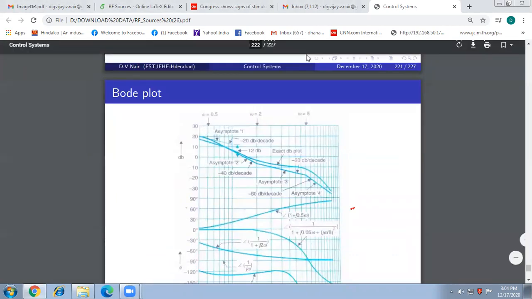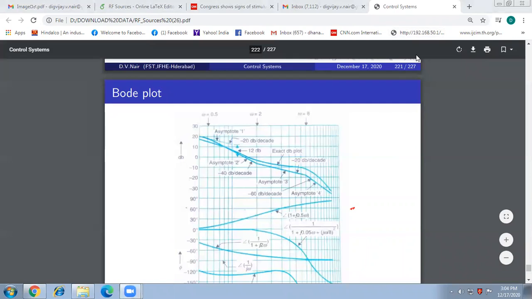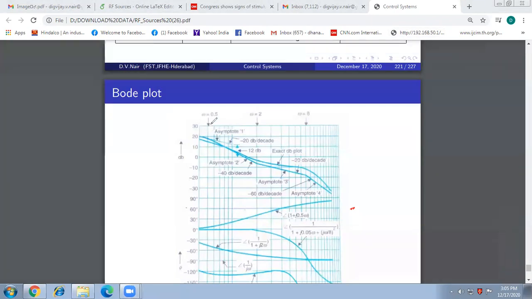I will write it down here. This corresponds to the corner frequency of a simple real pole. This corresponds to the corner frequency of a simple zero, and this corner frequency corresponds to the presence of complex conjugate poles in the given transfer function.